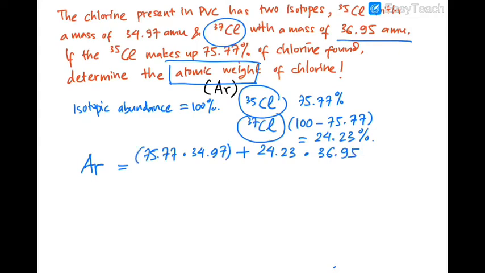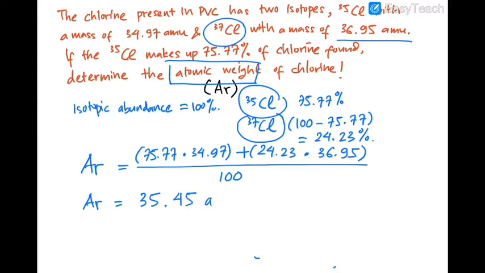So this and that, and of course divide it always by 100. You can try to calculate this and you will end up with this value, 35.45 AMU.